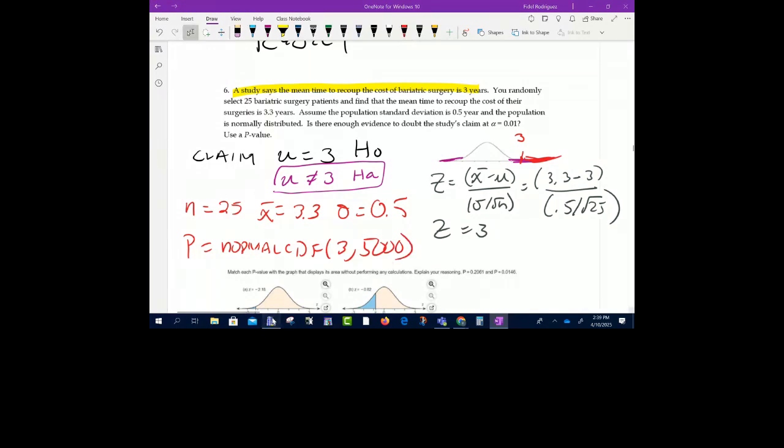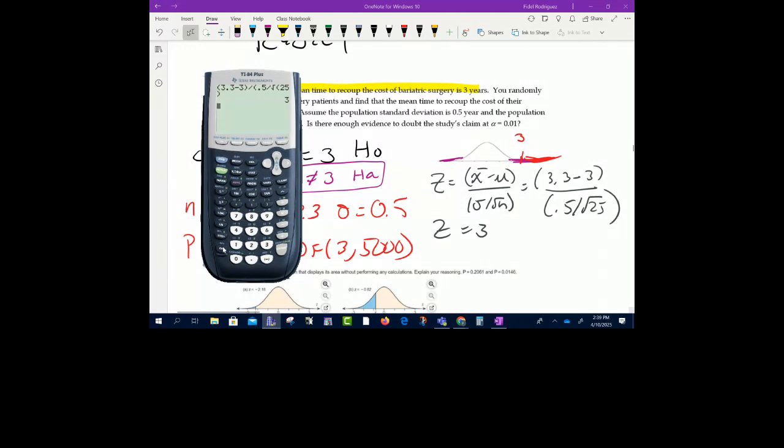Okay, let's do it. Let's clear that out. Normal CDF, 3 comma 5,000. Let's close it off. Did anybody get 0.0013, all that kind of fun stuff?